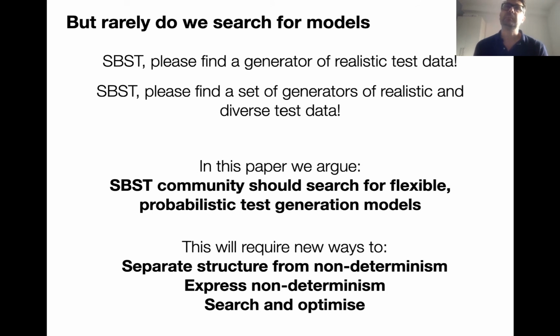Probably we need to think about, do we separate the structure of the test data that we need to generate from the non-determinism, the sort of things that can be probabilistically governed, right? So structure can be things like the input has a certain grammar. If an input field requires an email address, then we need to give our generators some kind of sense of that structure.